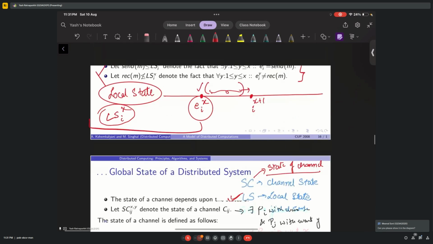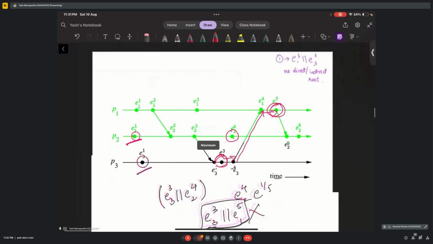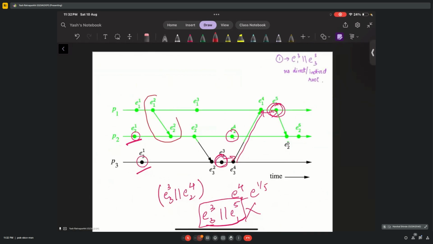Can you show the diagram? Yes, this one. This is the state. Understood? So this Pj and y is P22 and this is P12, Pix. ठीक है, समझ गए?